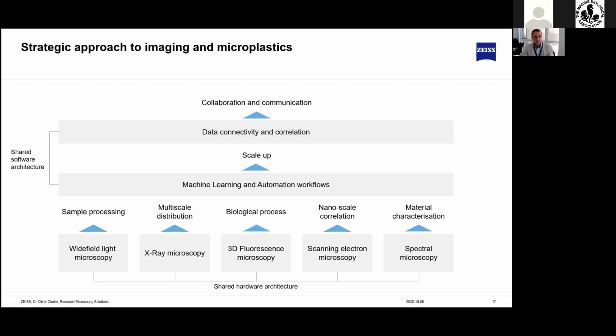But all those things are useless without bringing together an element of scale up. And for scale up, we're going to need machine learning. So we're going to have machine learning applied to finding samples, identifying samples, and then analyzing the data, and also automating the sample handling. And again, that's something that at Zeiss we've spent a lot of time and money building up within our portfolio.